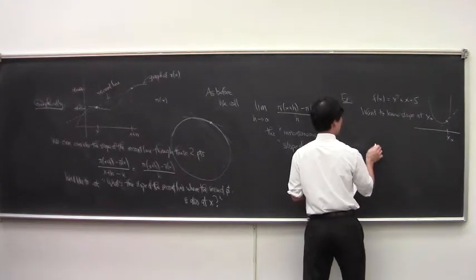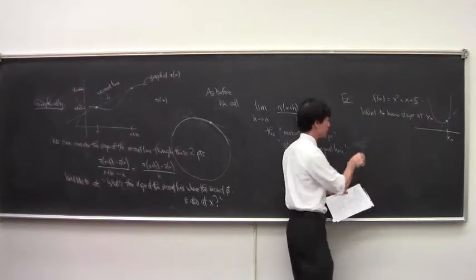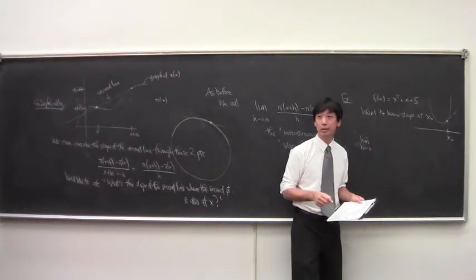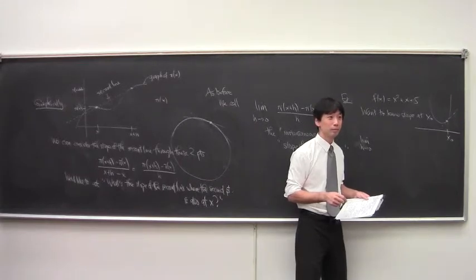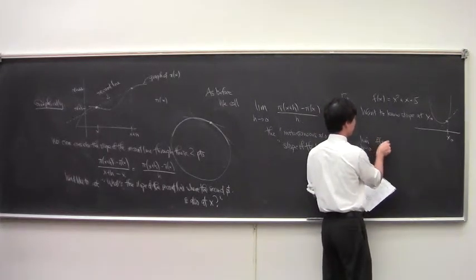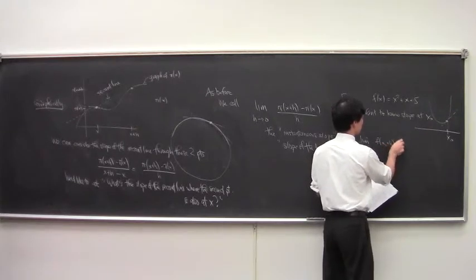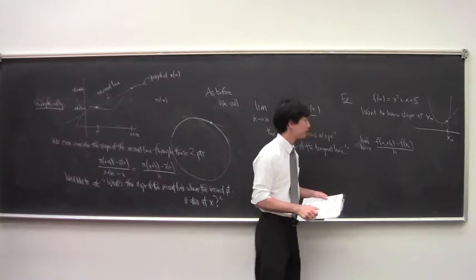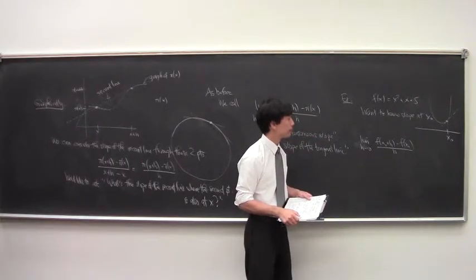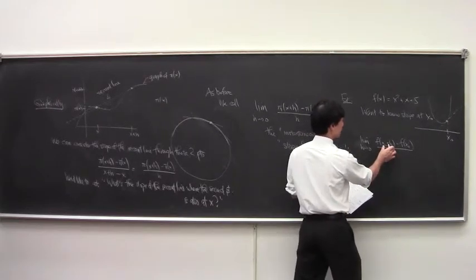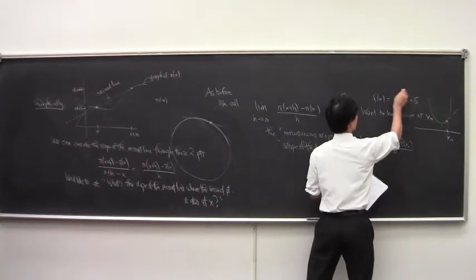The slope of the tangent line at x naught is going to be the limit as h goes to 0 of what? Start with f of x plus h minus f of x, over h. Then you plug in x naught plus h into f.